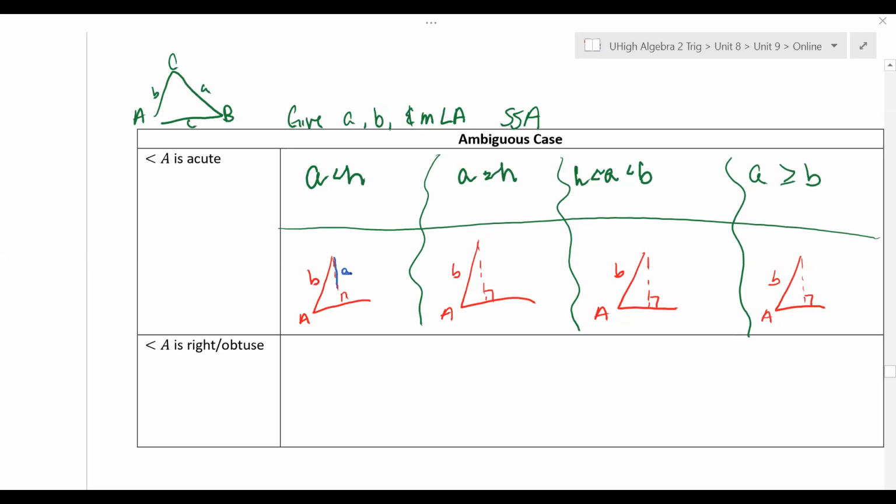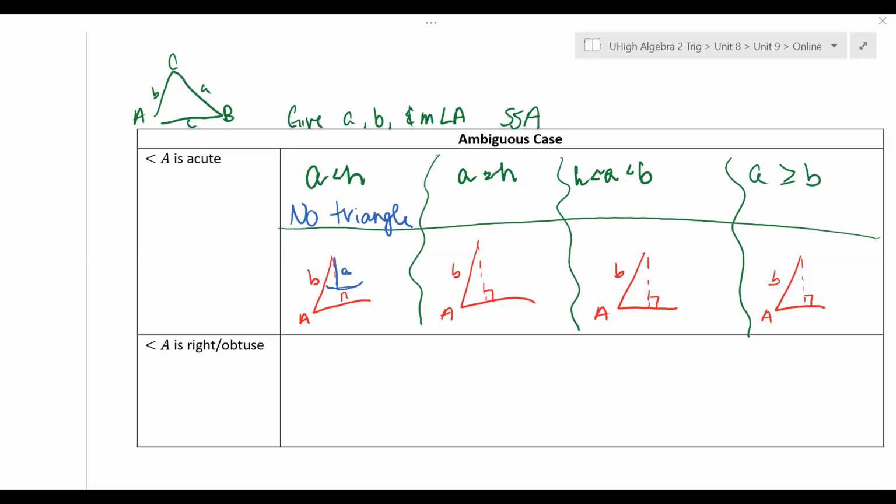If you look, no matter where I swing this little a, it's never going to hit the base of my triangle. I'm never going to be able to close this triangle. So anytime that a is less than h, I'm going to be able to create no triangles, or zero triangles, because a isn't long enough to reach my base.